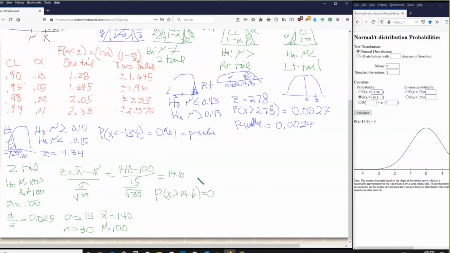Now, let's look at what this one looks like. So if I do my graph, this is saying I'm being given a mean of 100, and I want to see if I get a sample mean of 140, and I want to know what this p-value is. Now, because it's going to be equal, we're going to have opposite sides.